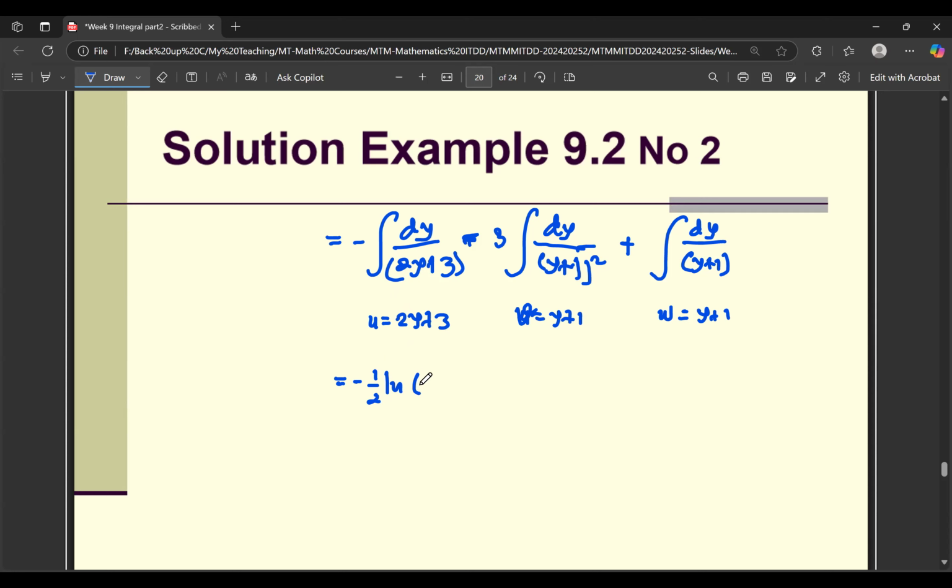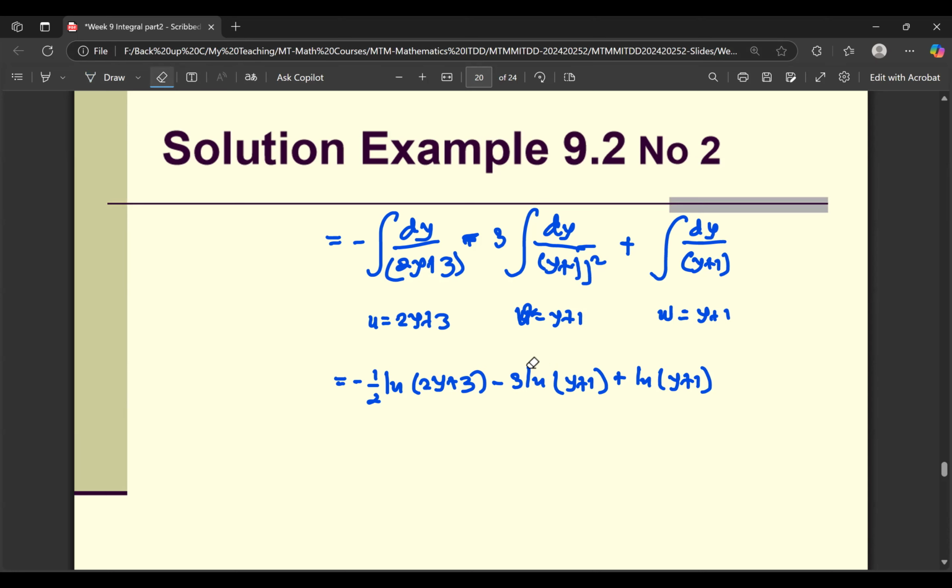natural logarithm of 2y plus 3, and minus 3 natural logarithm of y plus 1. And the third, we have natural logarithm of y plus 1. Sorry, this is not natural logarithm. This is minus 1 over y plus 1.